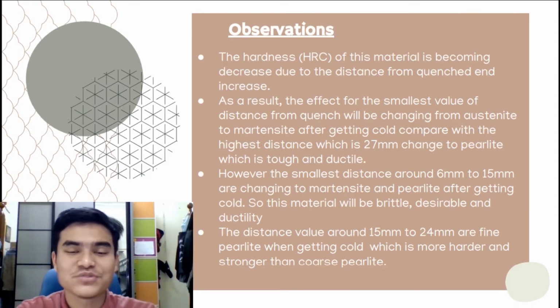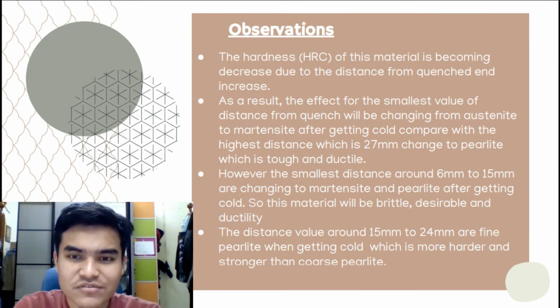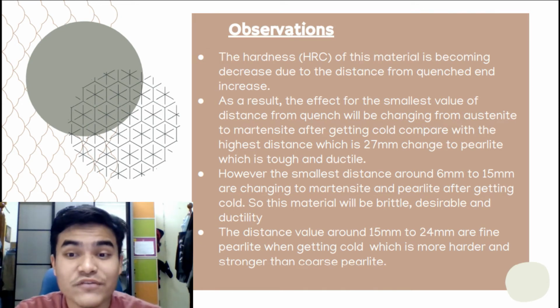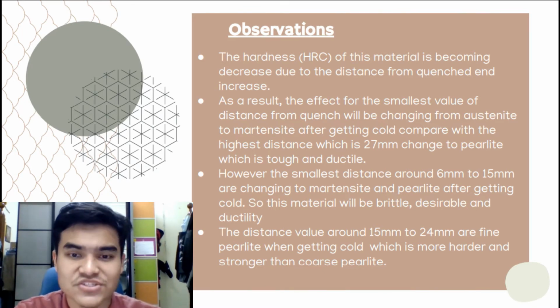And now we go to the observation. The hardness HRC of this material decreases as the distance from the quench end increases. As a result, the smaller distances from the quench end will change from austenite to martensite after cooling, compared with the highest distance, which is 27 mm, that changes to pearlite, which is tough and ductile.